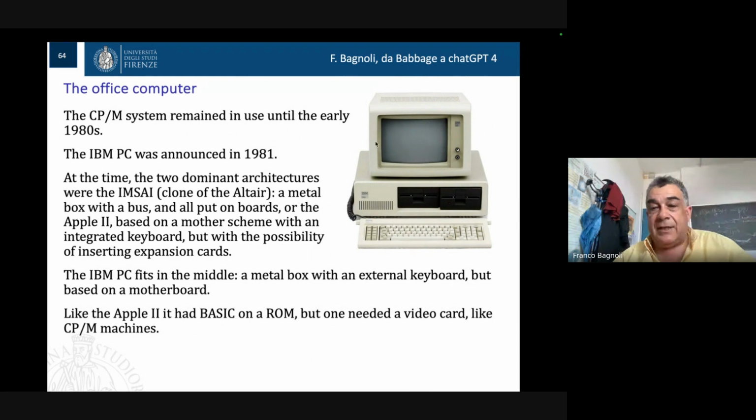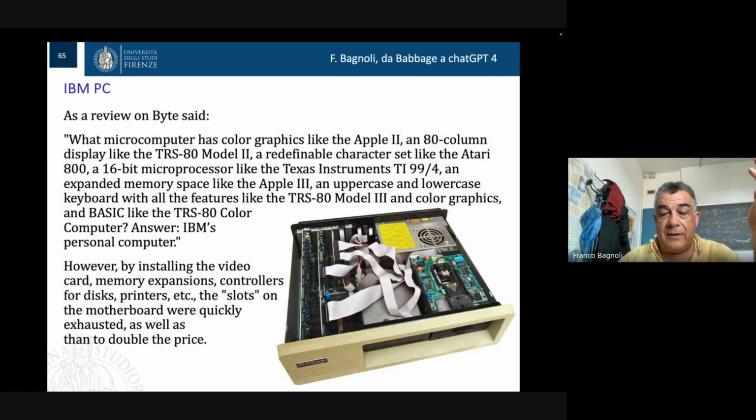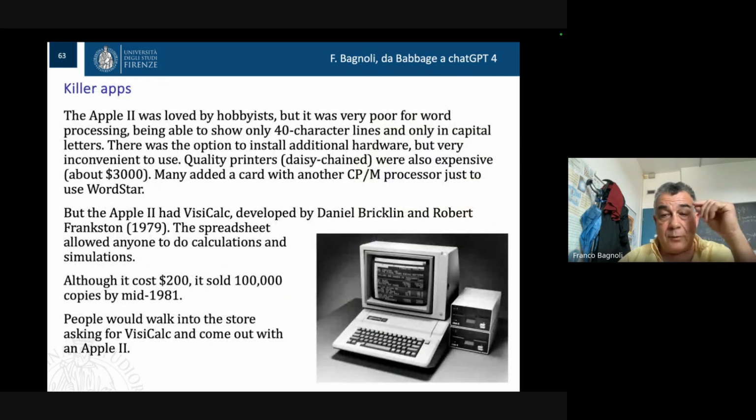So essentially, I think you have seen this, it was a modular system. Inside it had the bus, much like the Altair, and you have, for instance, to buy a video card just to connect a monitor. It had no integrated video like the Apple II.